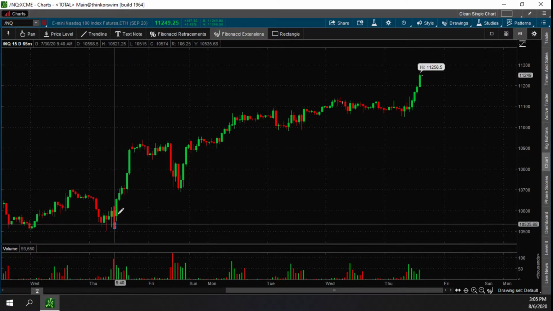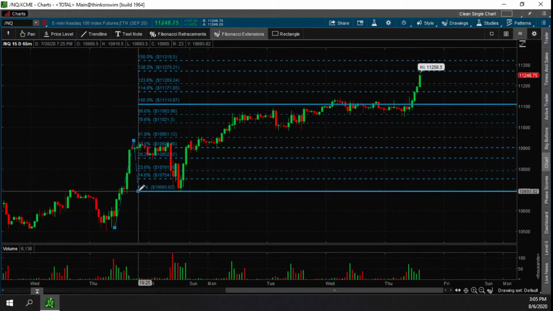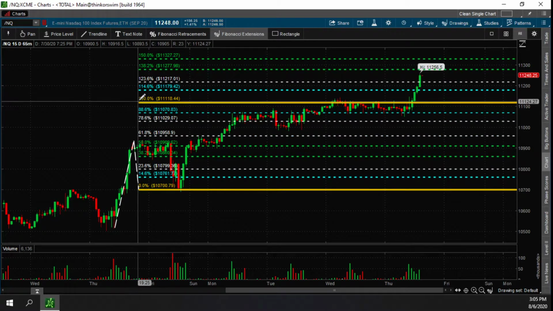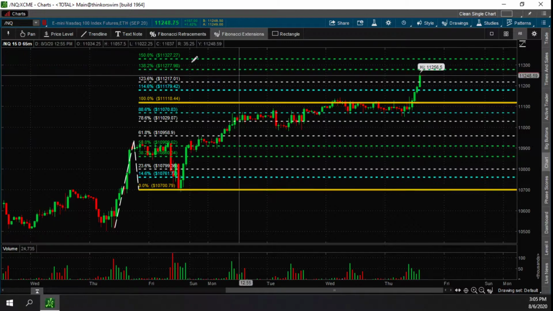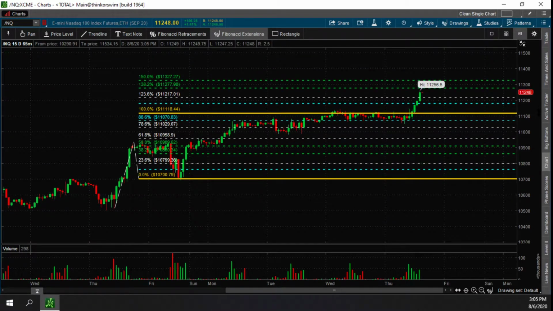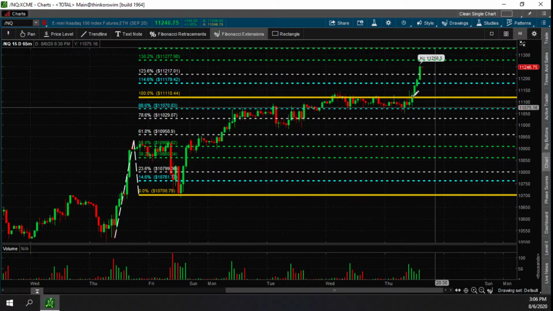Like you could pick one here, and then here, and then you come down to this pivot at the bottom, and then you get this 100% upside, and this is your 138, and your 150 up here. You could use those as entry points.